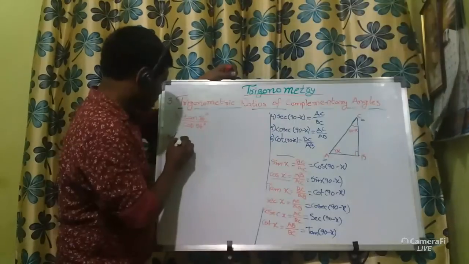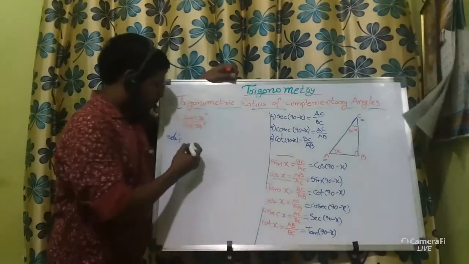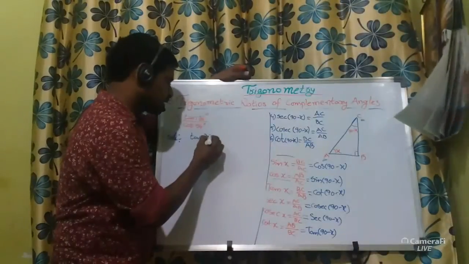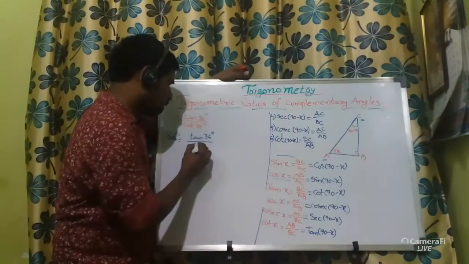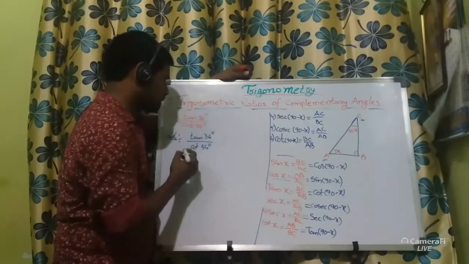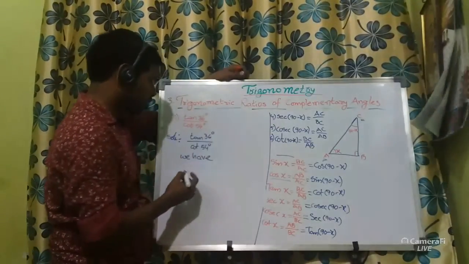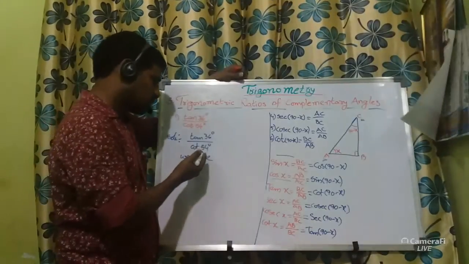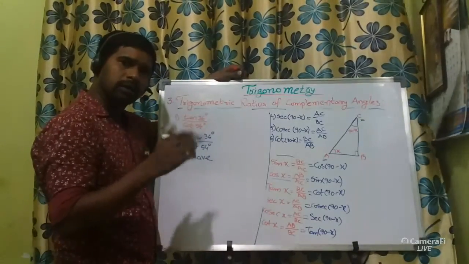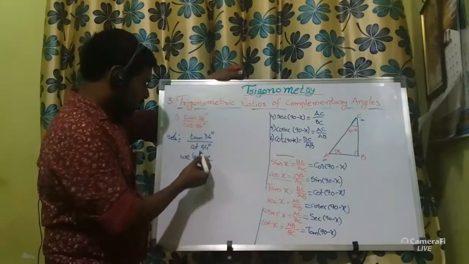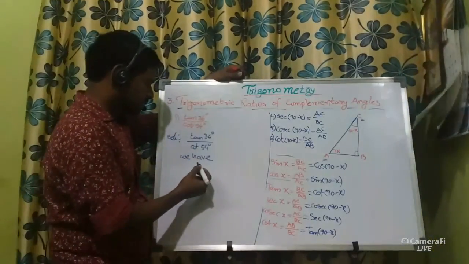Solution. We know that given tan 36 degrees by cot 54 degrees, we have the formula. We have to convert that tan into cot, or cot into tan, that is our wish. So tan 36 degrees we have to convert.